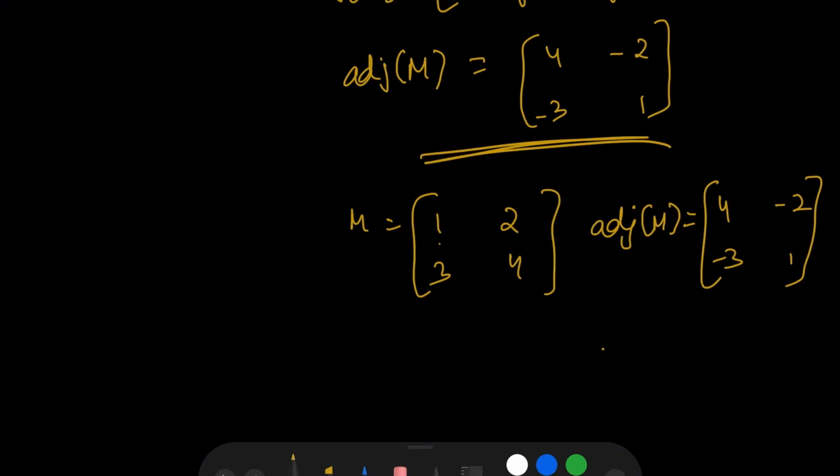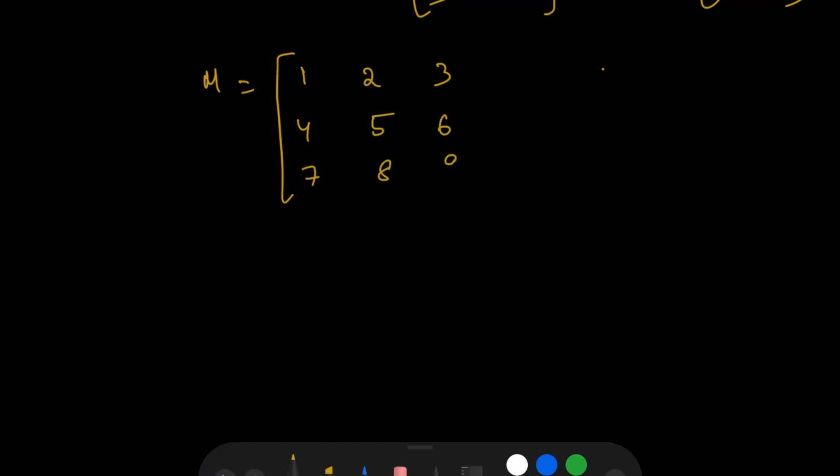Now let us find the adjoint for a 3 cross 3 matrix. So let us take a matrix M, and let those elements be 1, 2, 3, 4, 5, 6, 7, 8, 9. To make it simpler, we always know that the first sign will be positive. Then it is negative, positive, negative, positive, negative, positive, negative.